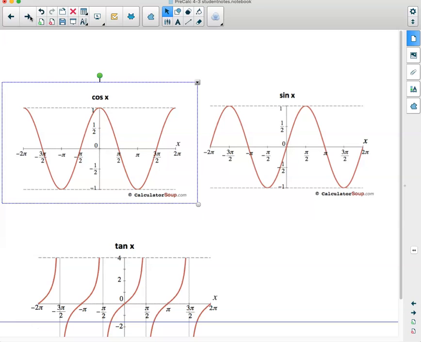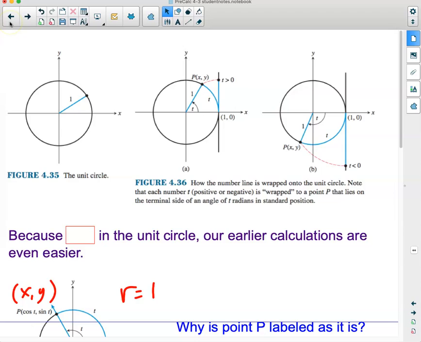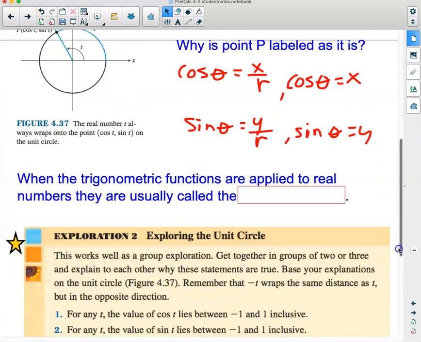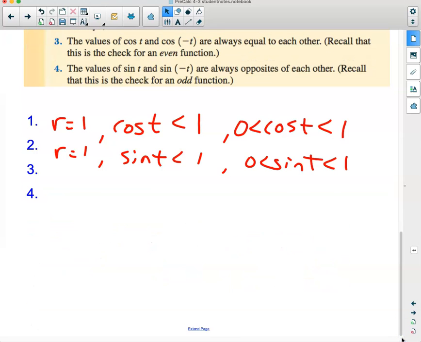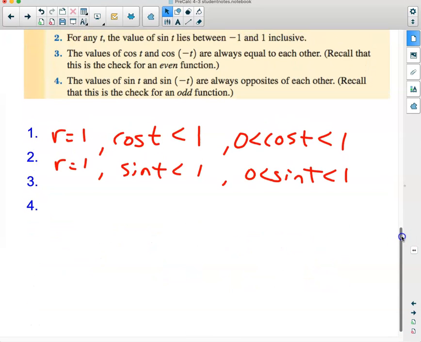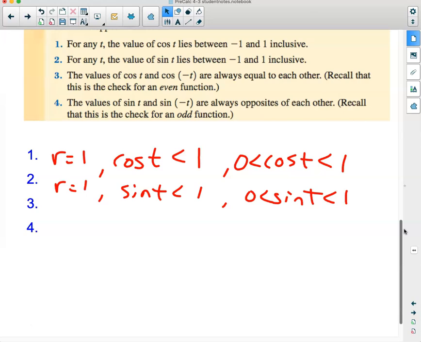So yes, you can explain it using the unit circle, but it's much easier to see from the graph. That you see positive 3 pi over 2 and negative 3 pi over 2 both graph a 0 for y. So how to put that so we can connect it to this wrapping function.